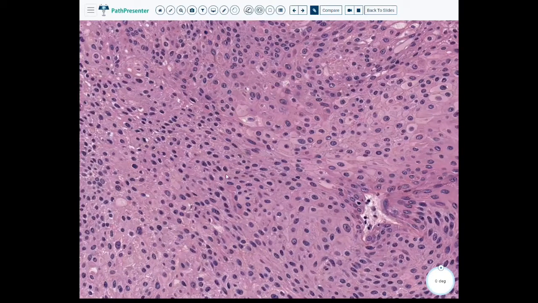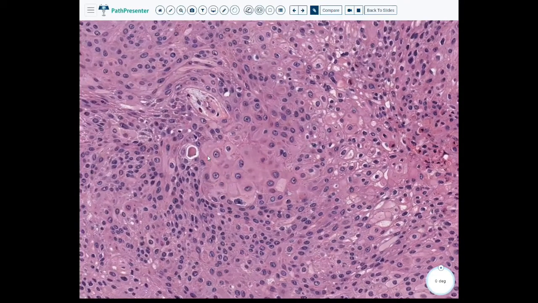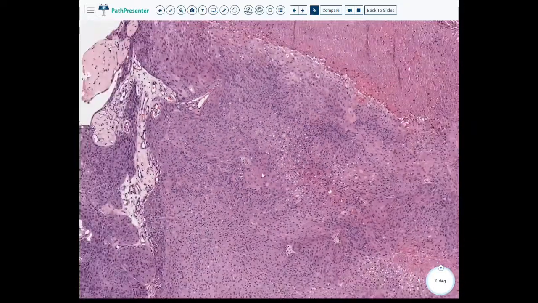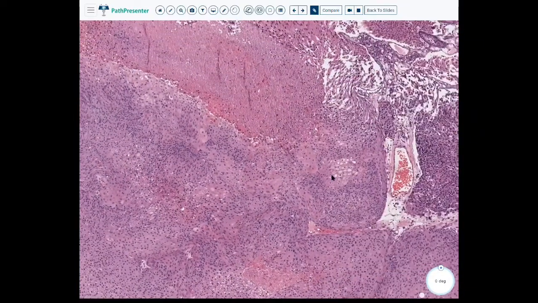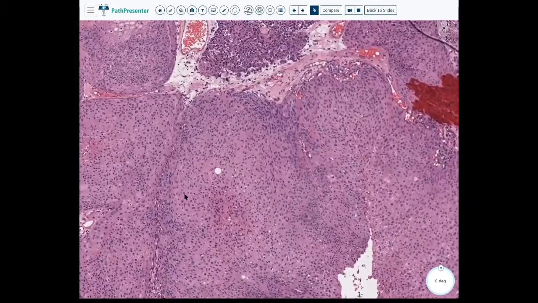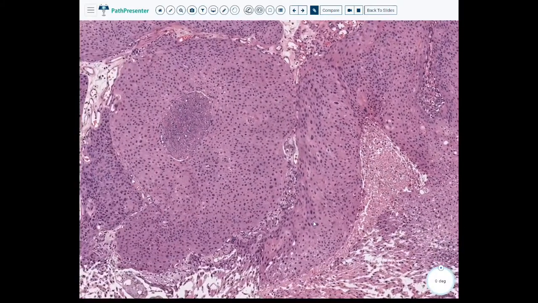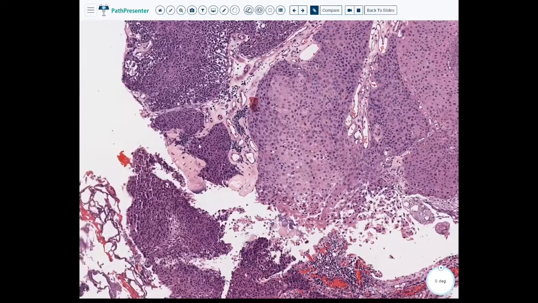We still have epithelioid type cells. Maybe some keratin formation there. But this is definitely squamous differentiation. It is completely disarrayed. Is this squamous cell carcinoma? I think no, this is not squamous cell carcinoma. The pattern doesn't quite fit.